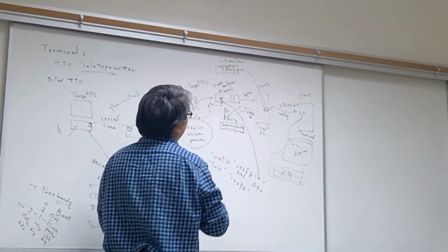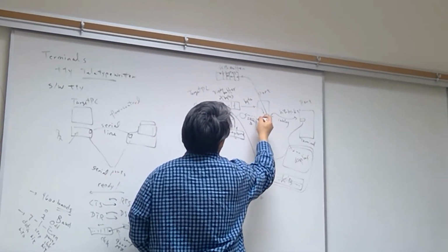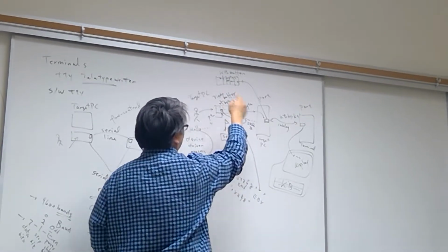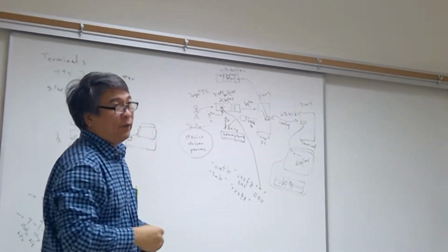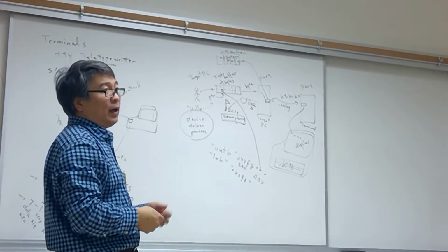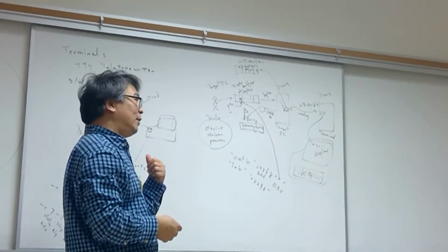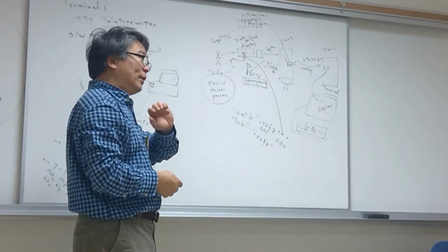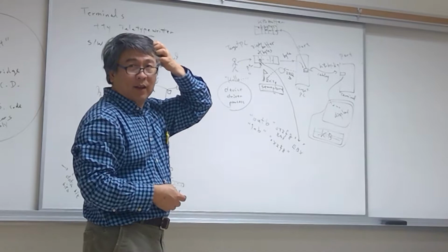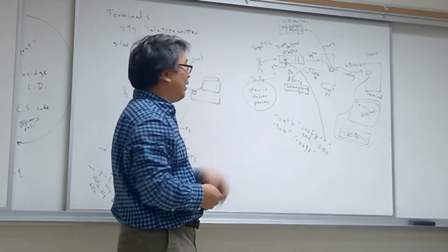So the IRQ event is different. The IRQ event triggers the device driver to do different things. One type of event is that a keyboard character has arrived at the terminal. The other event is that the terminal is ready to display another character. Does that make sense? All right.